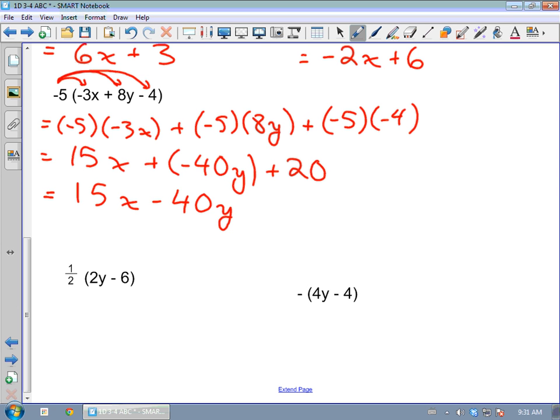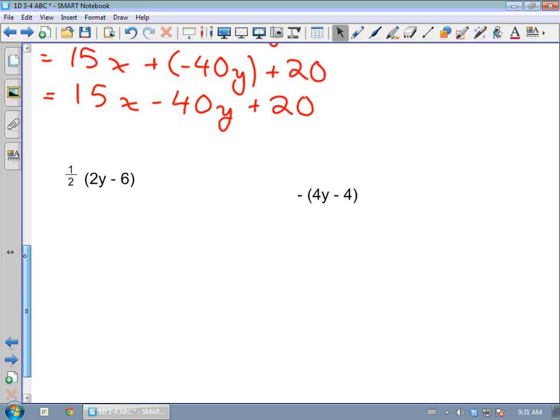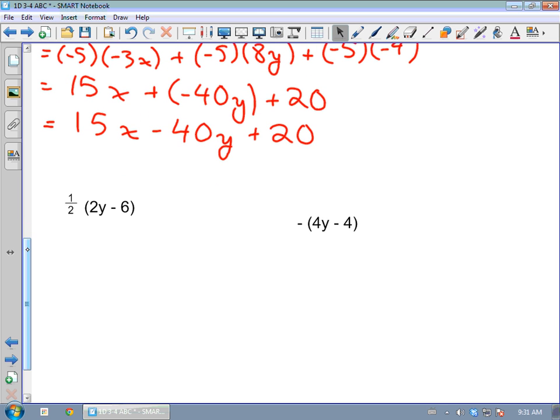That plus sign and that negative sign combine to give me a negative sign. So I'm just going to write that as negative 40y plus 20. All right. And that's basically the distributive property. Now, a couple little tricks here.